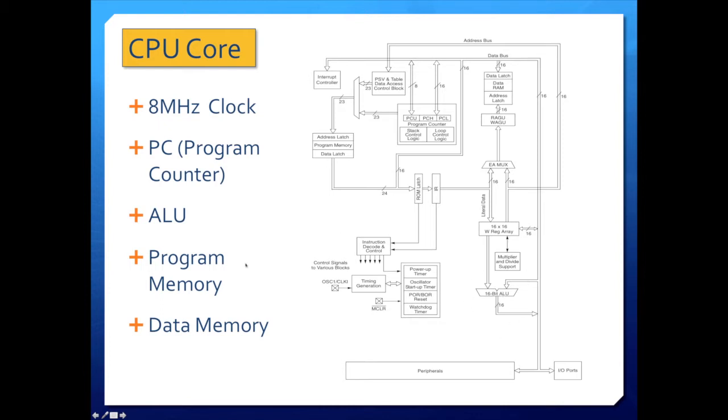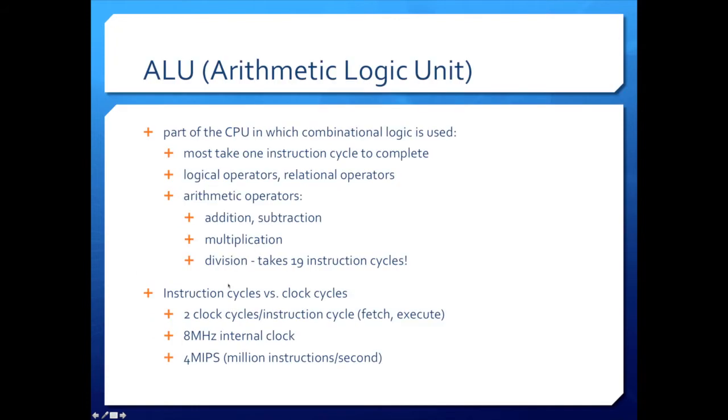Then we have program memory, which is where the program is stored, up here. And then we have data memory, which is up here. You can see the data bus up here, and we also have the address bus, which is down here.